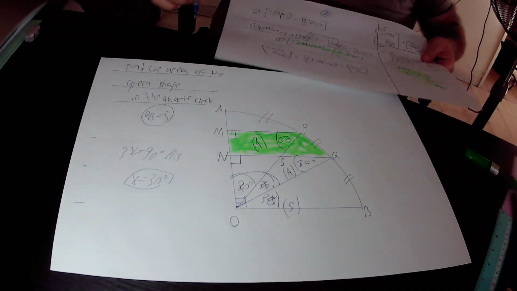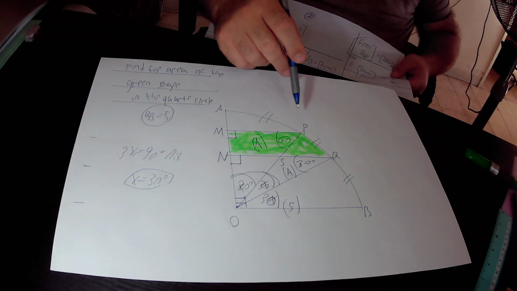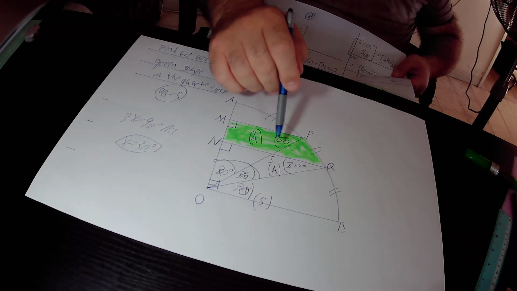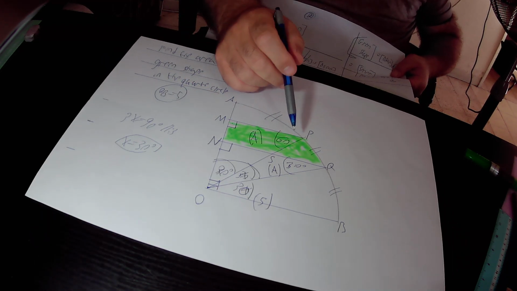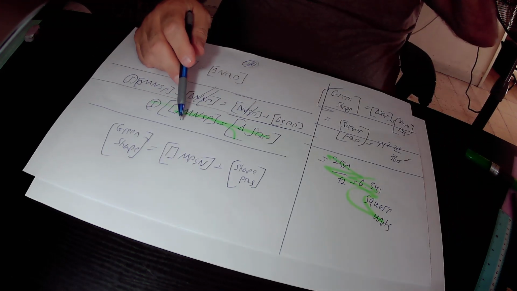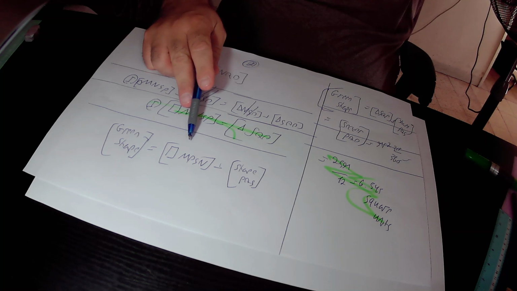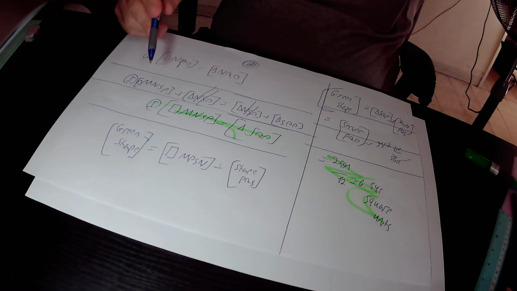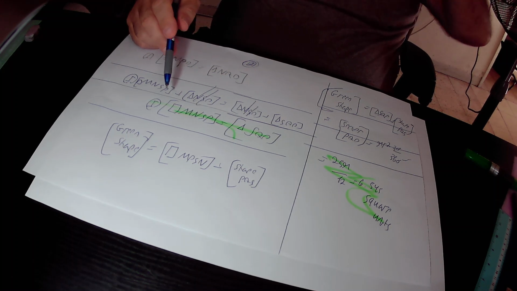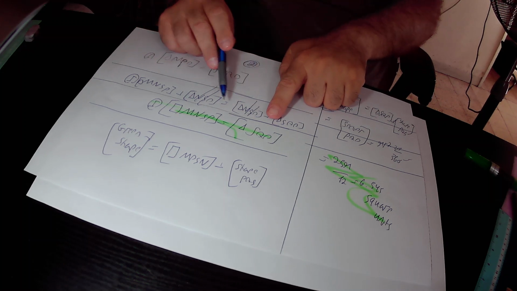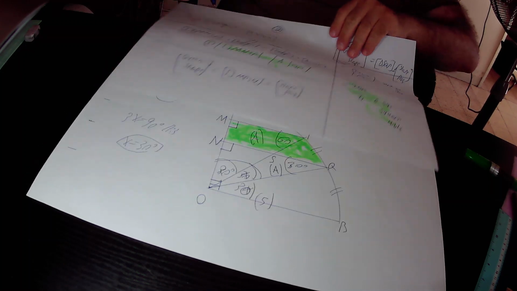Our mission is to find the area of this green shape. The area of the green shape equals the area of the green quadrilateral MPSN plus the area of shape PQS. But we already found that the area of quadrilateral MNSP equals the area of triangle SQO.